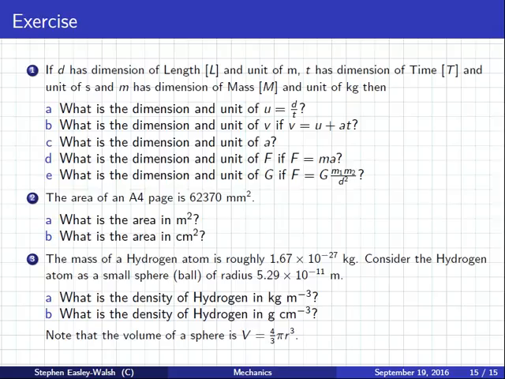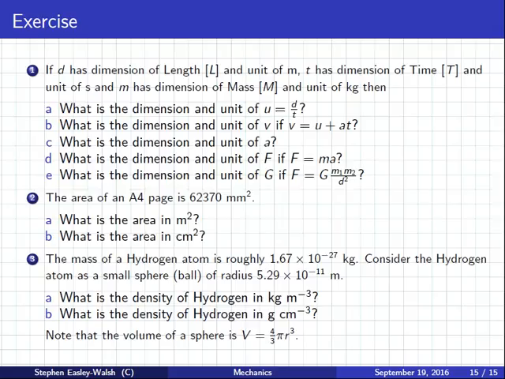In the first one here for homework, which we'll do now, I tell you D is for length, measuring length in meters. T is in dimension time, which is seconds. And M is mass in kilograms.